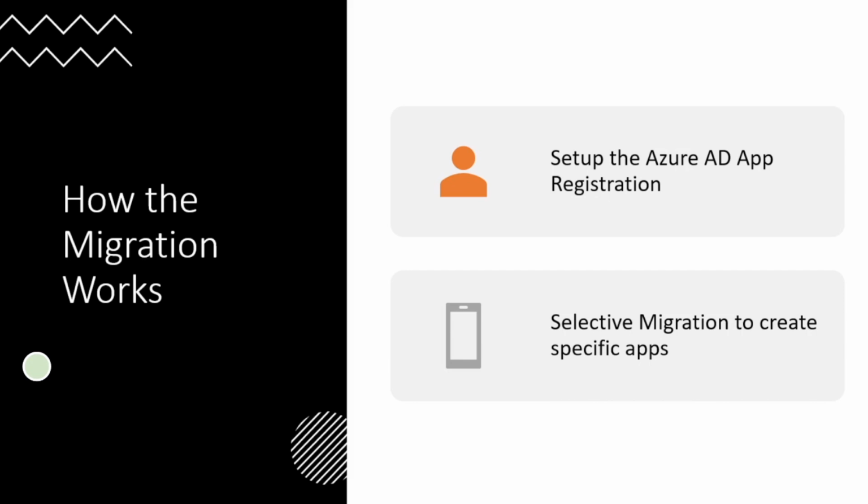And then once we're ready to do the migration, we can set up an Azure AD app registration, and then we can do a selective migration on a couple of test apps and then migrate the rest of them over. So this will pre-stage the application. It doesn't change the SAML configuration of the applications, and it doesn't add assignments. So that is something that still has to occur, but it does cut down on that portion of creating the Azure AD applications. So it can drastically cut down time for migration.